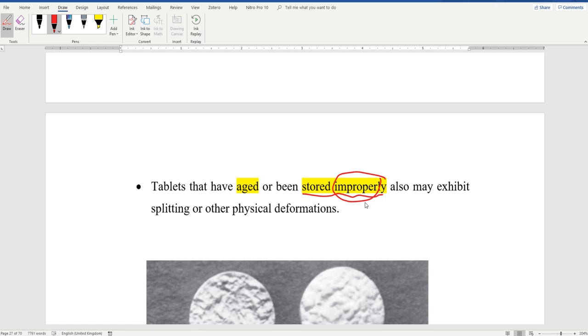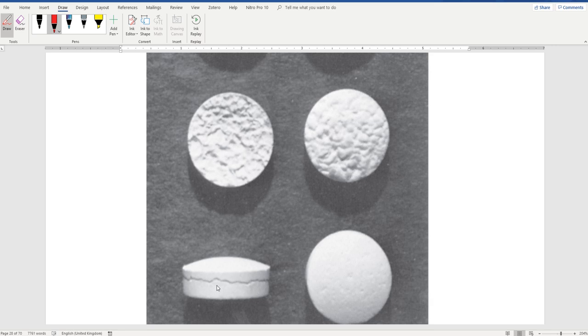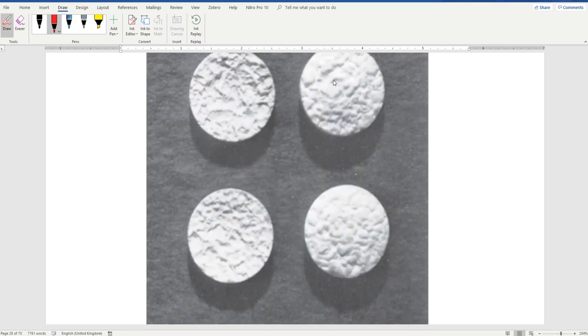So if there is elasticity in the formulation, with time the parts may break away from each other to regain their original shape, and this will also cause lamination or capping, as you see here. This is lamination. The upper part and lower part of the tablet have been separated from each other, so you see how rough the surfaces are.